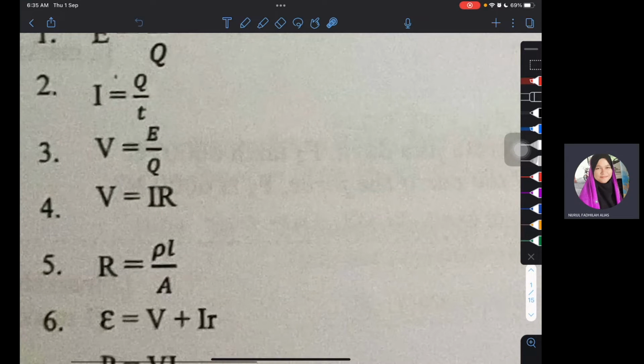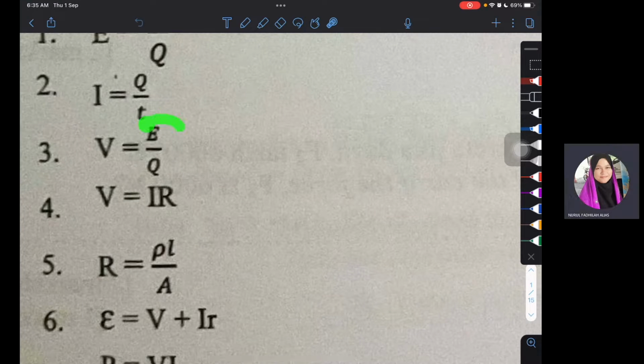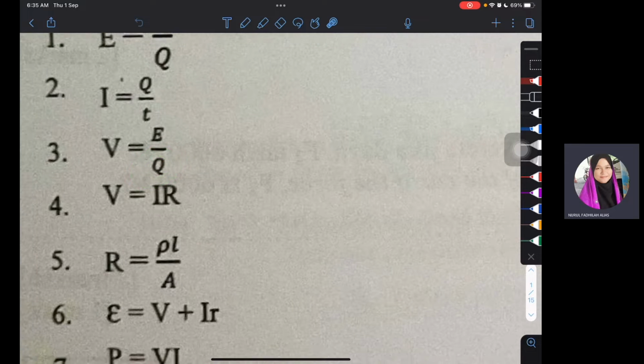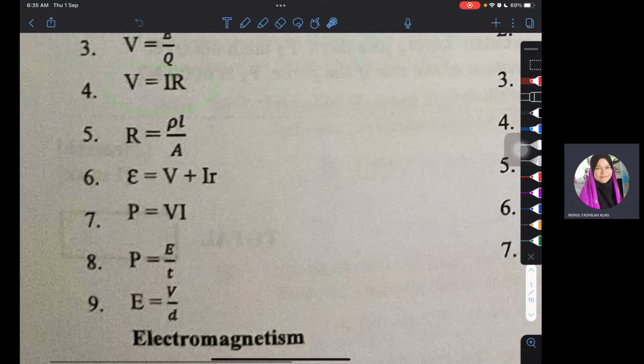Potential difference is the energy to bring 1 coulomb of charge from one point to another point, and then this is related to Ohm's law.